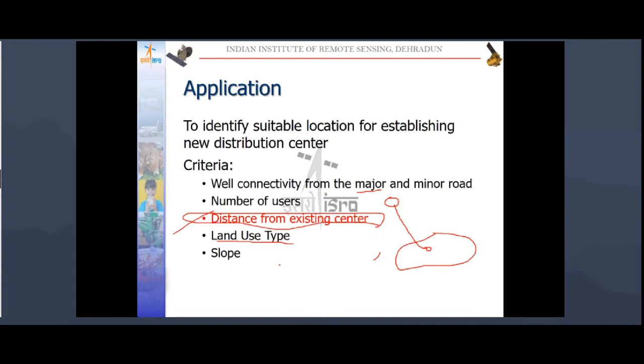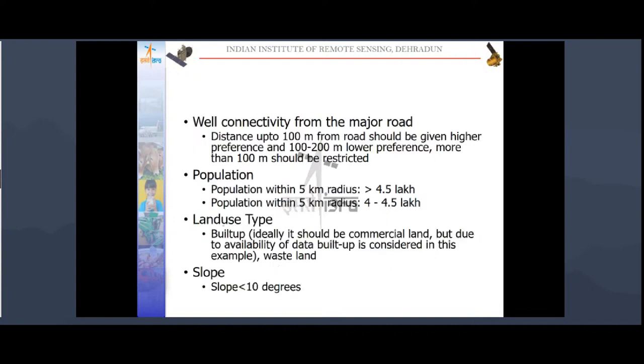And in detail, for well connectivity from the major road, two conditions I have given. If the distance of the center is up to 100 meters from the road, it should be given a high preference. And if the distance is between 100 meters to 200 meters from the road, it should be given second preference. And a distance of more than 200 meters should be restricted.